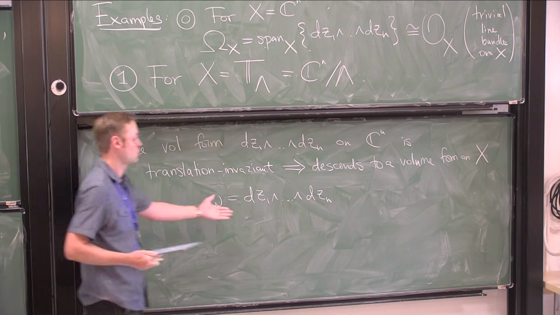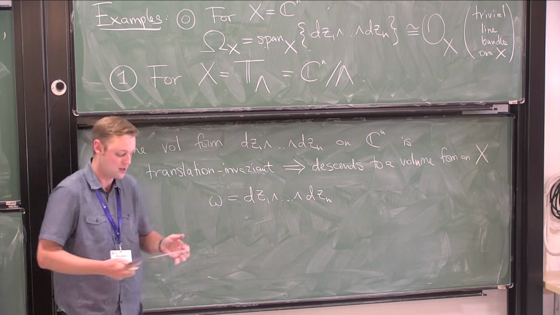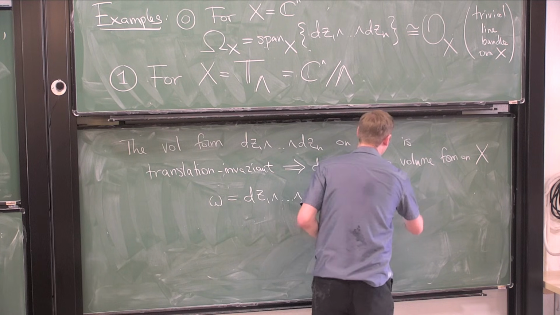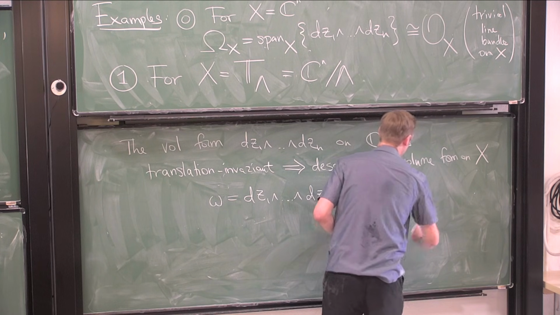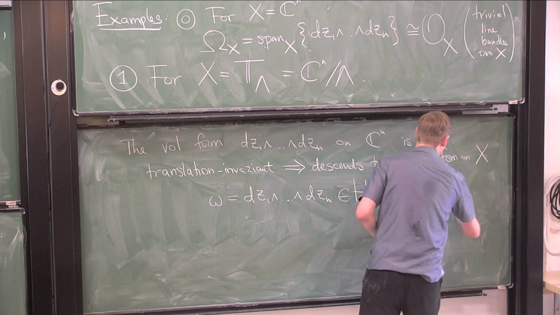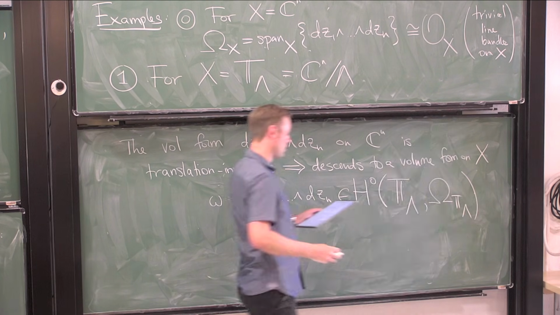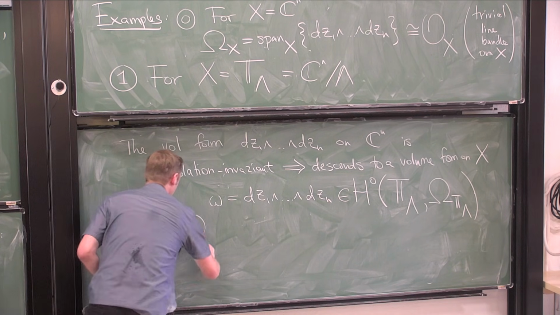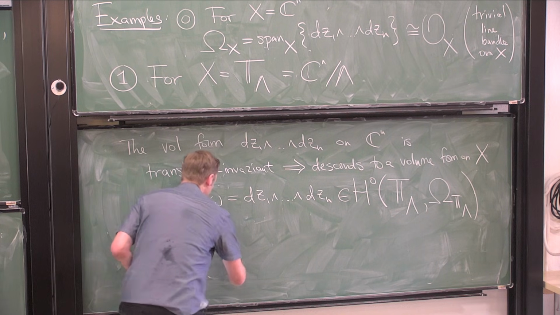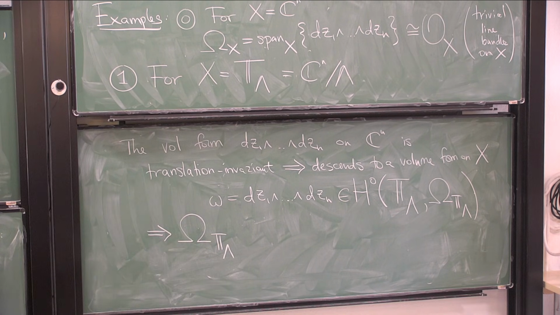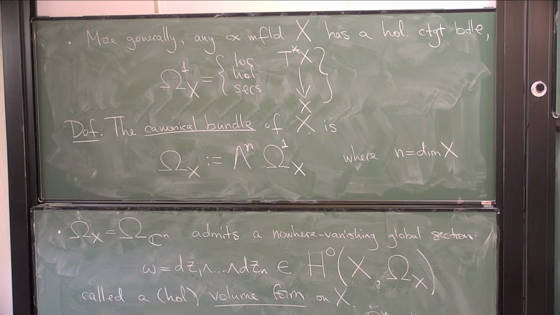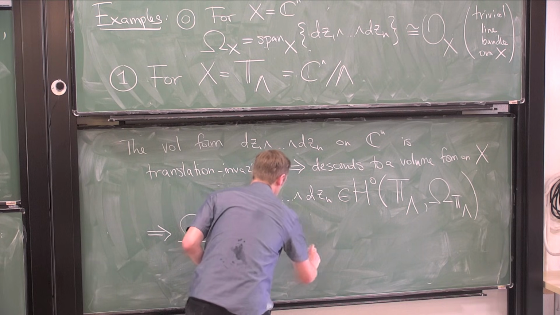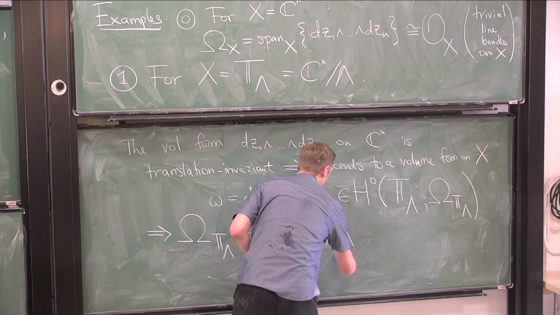It literally is this wedge product, and it's invariant under translations. And so this gives me a global holomorphic section over the whole complex torus of the canonical bundle. So that means that the canonical bundle of any complex torus, for any integer lattice Lambda, is trivial. For any Lambda.